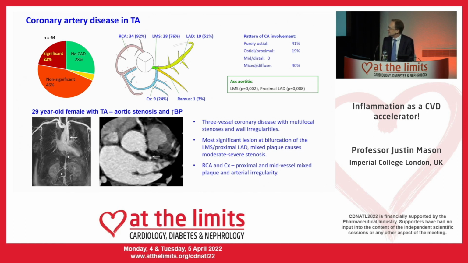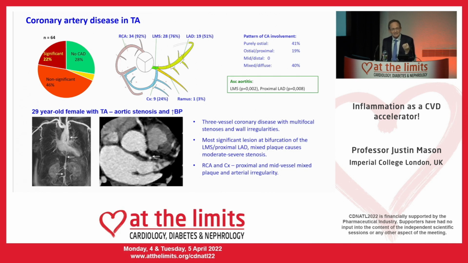And here is a particularly illustrative case, a 29-year-old lady who probably developed her Takayasu arteritis in her mid-teens. She has very severe disease with profound stenosis of her aorta and distal occlusion, leading to pretty refractory hypertension and left ventricular hypertrophy.